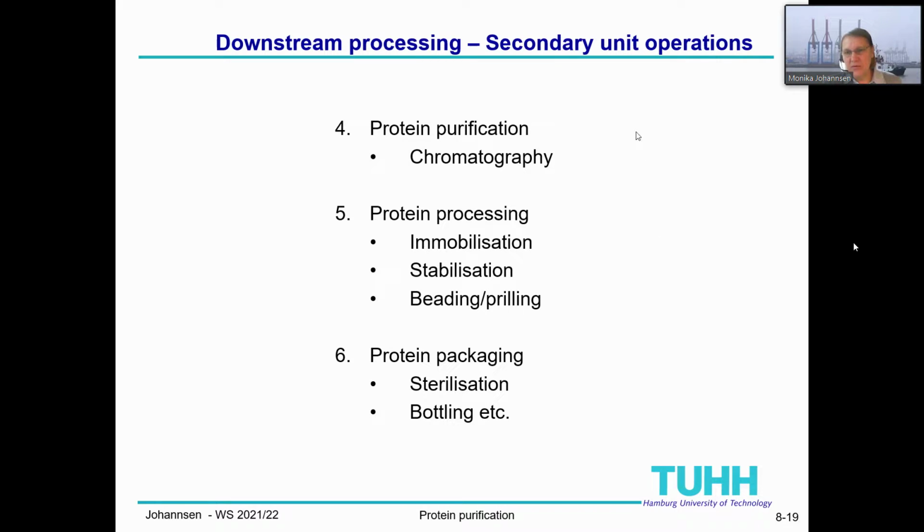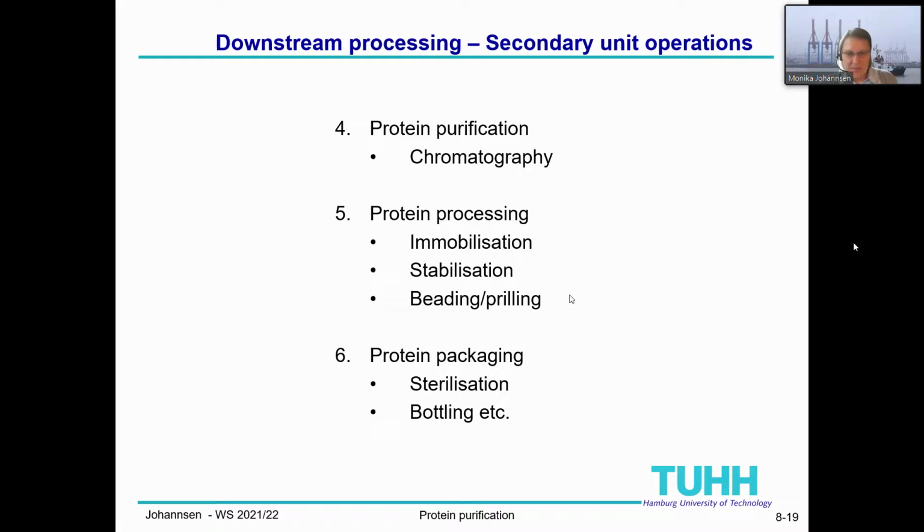Okay, so the secondary unit operations are also several different ones. First of all, there's protein purification, which is usually chromatography, different chromatographic separation processes. And if we have finished the purification and come up with a highly purified protein, then we need perhaps some immobilization, or at least some stabilization.